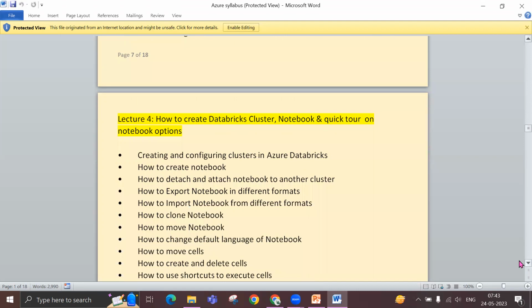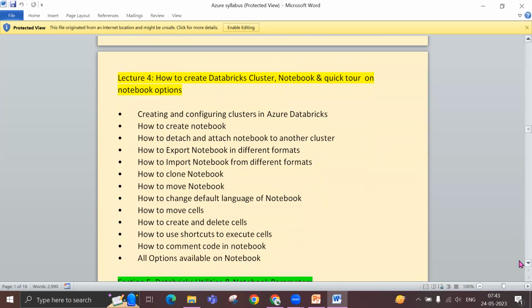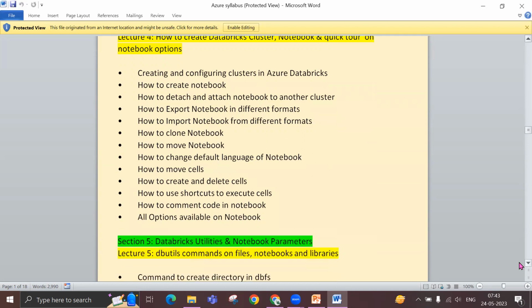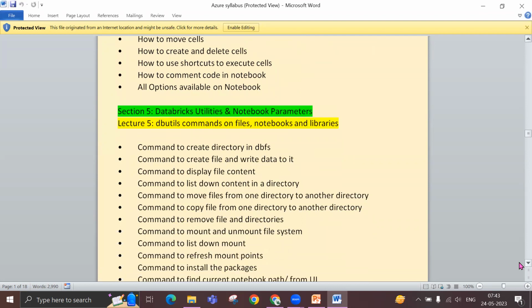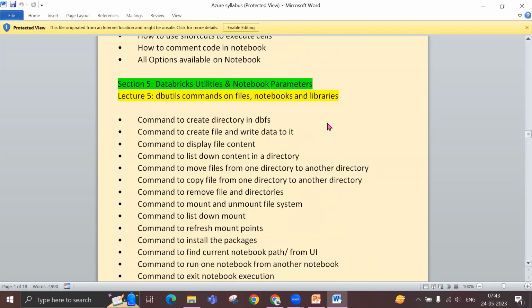So we'll be discussing clusters and notebooks, what a notebook is, what different options are available, what the different cells are, and so on. Similar to ADF, we're also going to discuss parameters: how we pass parameters to notebooks, and some of the utility functions that Databricks automatically supports.